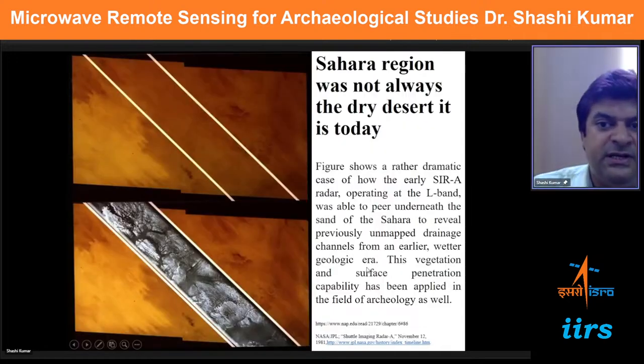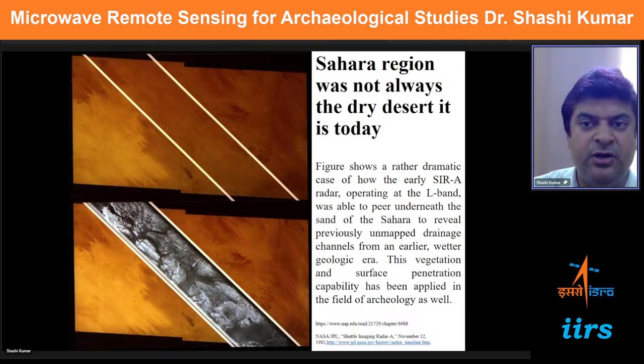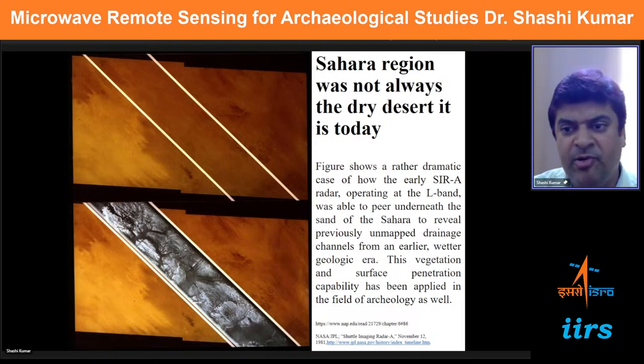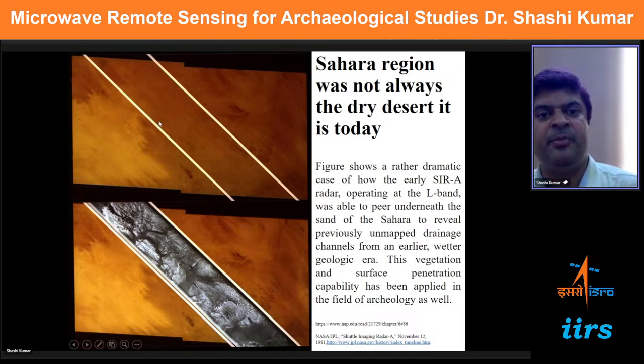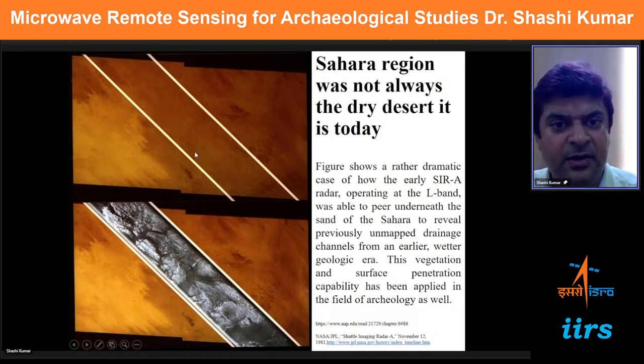Now this is one of the study sites in the Sahara Desert. I have taken it just to show the ground penetration capability. Here you can see the Sahara Desert, where the entire sand appears in a golden yellow color. Just focus on the middle strip, because this area is completely dry.